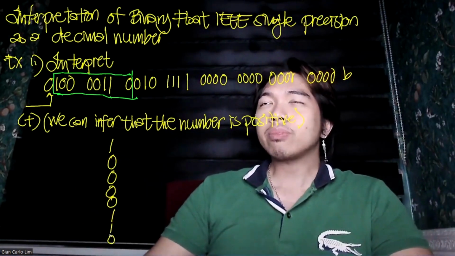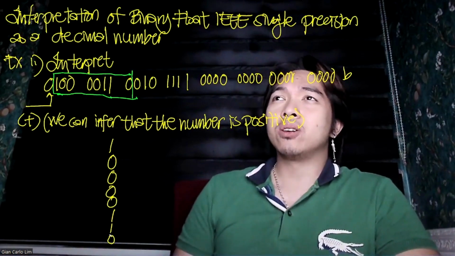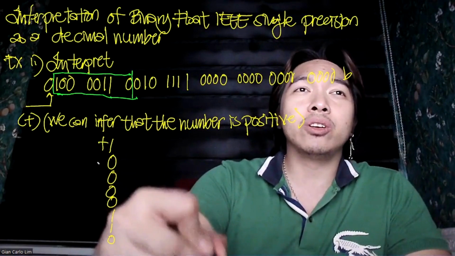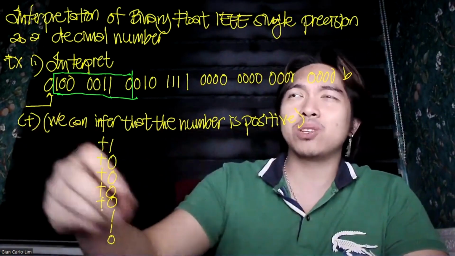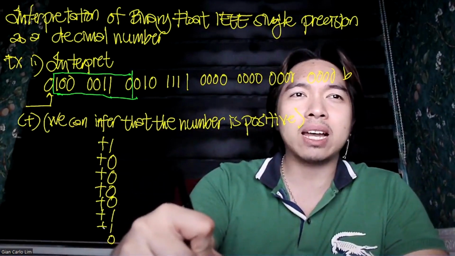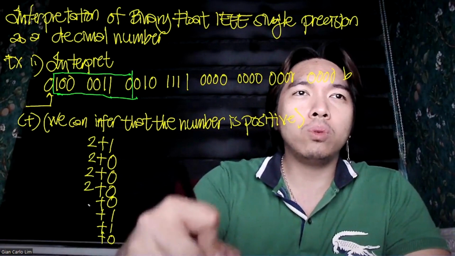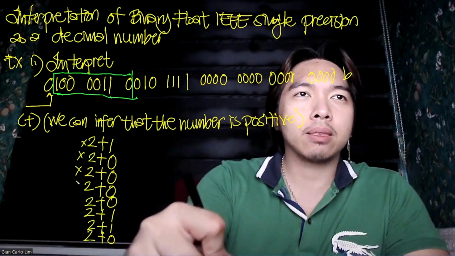Inuulit-ulit ko yung steps ng pag-convert para mas maging kabisado nyo ang pag-convert, at maging master nyo yung pag-convert nito in the easiest way at hindi yung tipong mahabang solution ang hirap-hirap. Kayang-kaya nyo yan. So, this is 2, 2, 2, 2, 2, 2, 2, and 2, and then times lahat.